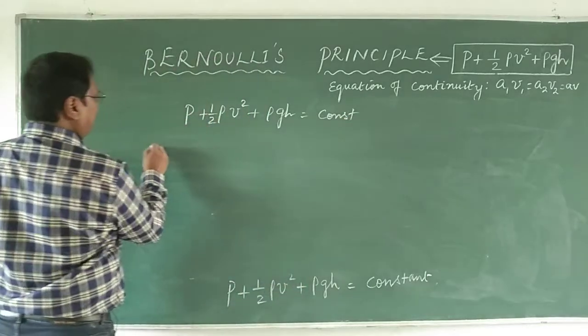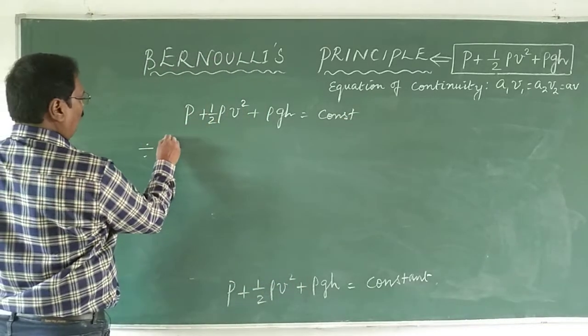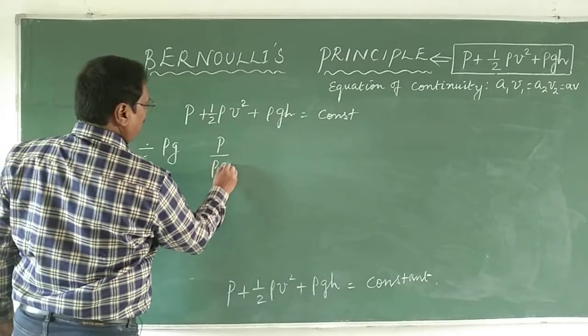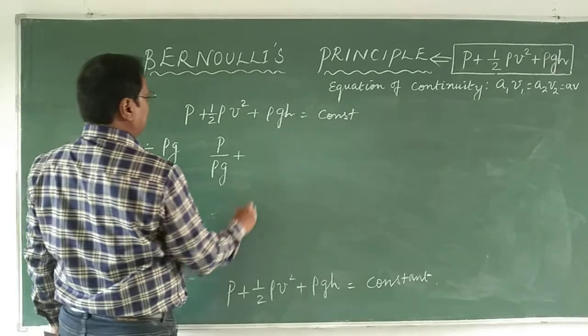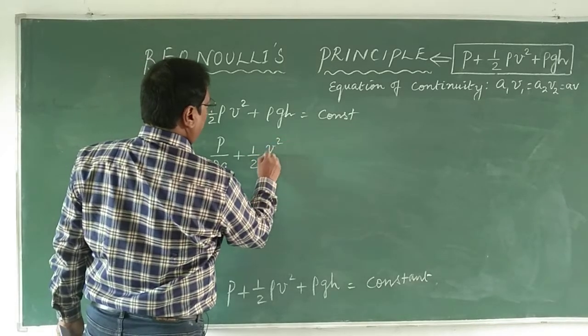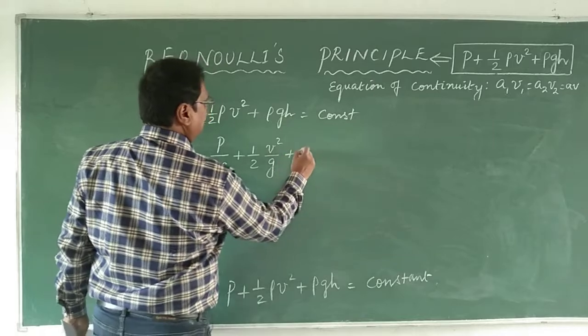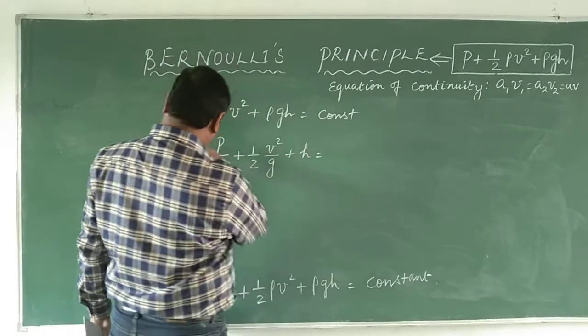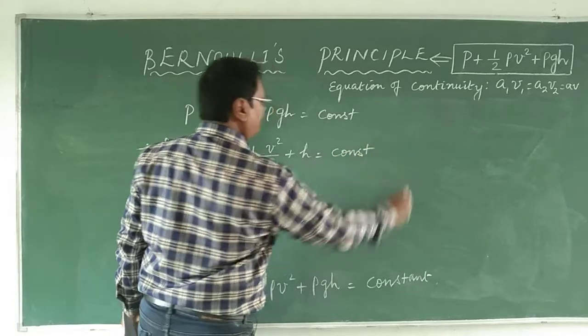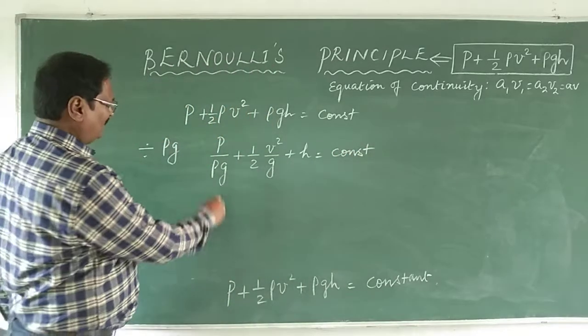Now let us divide it throughout by rho G. P by rho G plus half V square by G plus H is equal to constant.